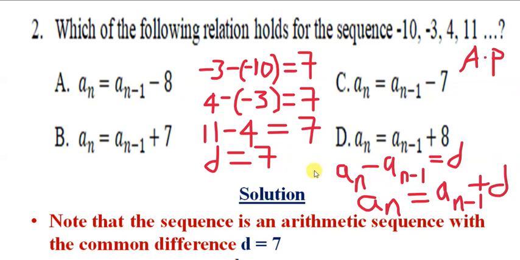But we know that the common difference is 7. The one in A is minus 8, and therefore this cannot be an answer. The one in D is given as plus 8, and therefore it cannot be an answer.